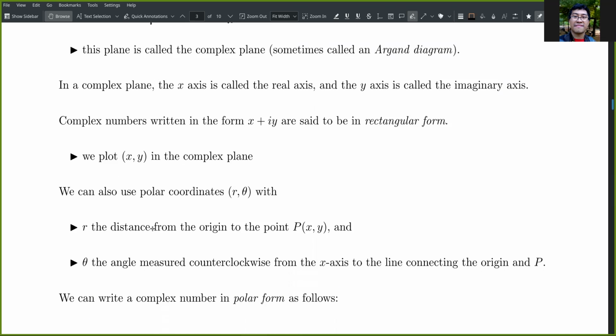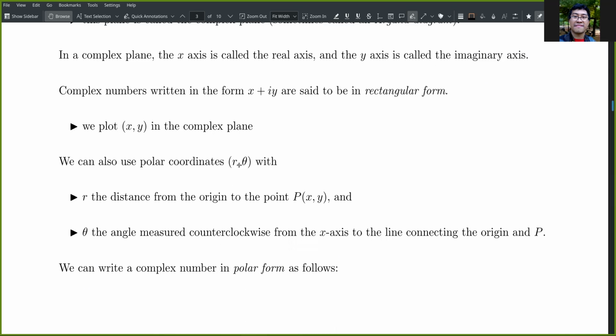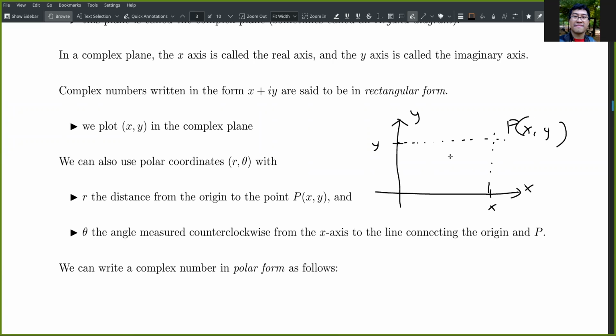We can also use polar coordinates r and theta, with r the distance from the origin to the point P. So if we make a plot of our x and y complex plane, suppose these are x and the arbitrary value y, let's call this our point P(x, y), and this distance is r.